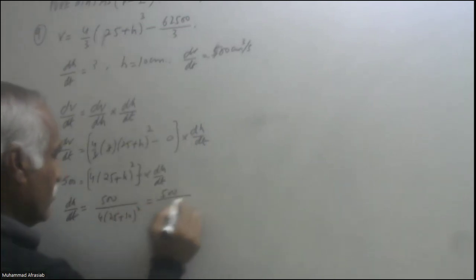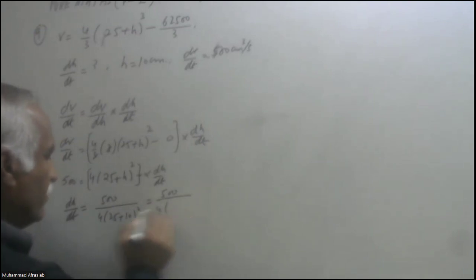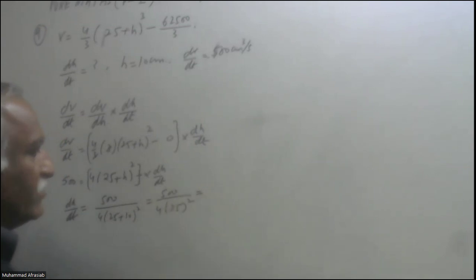That is 500 over 4 into 35 whole square, and that value is equal to 0.102 centimeter per second, because height is measured in centimeters and time is measured in seconds.